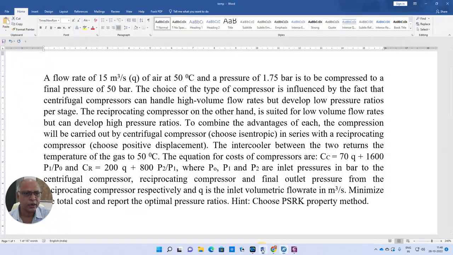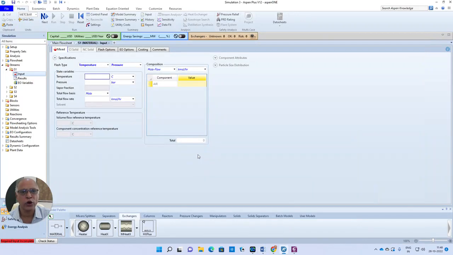Air is entering at 50 degrees centigrade and 1.75 bar. And the flow rate of air, this is a volumetric flow rate, is 15 cubic meters per second.